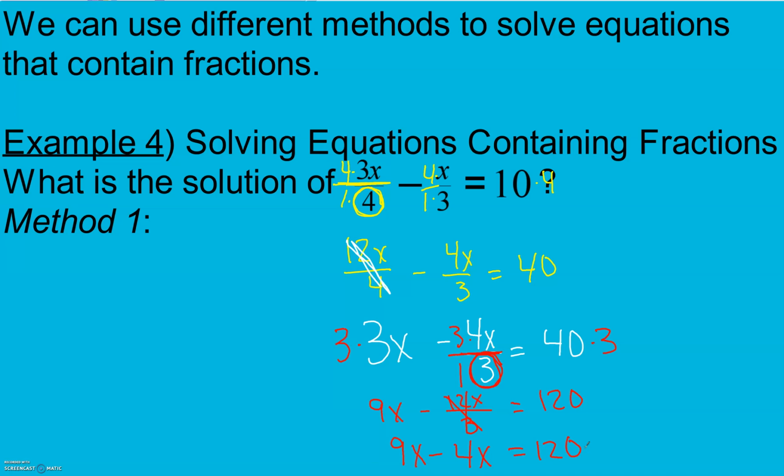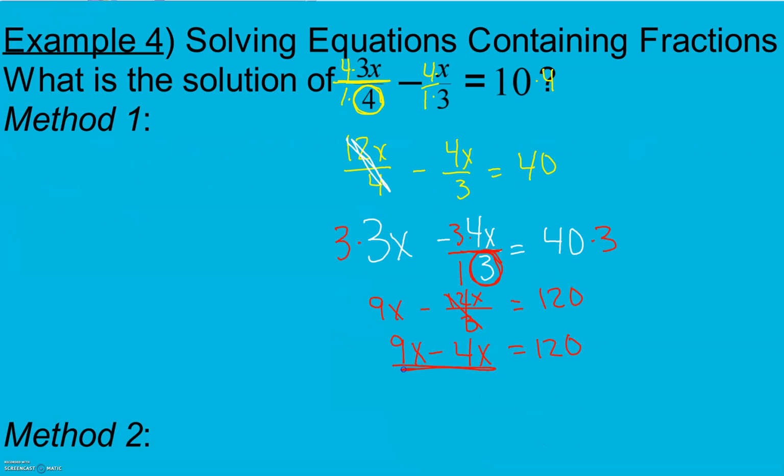And that's because here I multiplied by 4 and by 3, which really is 12, that least common multiple. So if you're not comfortable finding a common multiple to multiply by right away, we can clear each denominator one at a time. Because once we get to this step, it's just 9x minus 4x, which is 5x, and then divide to get rid of our multiplication, and x equals 24.